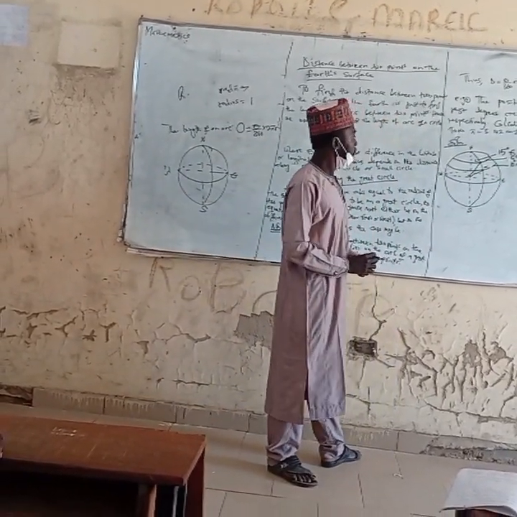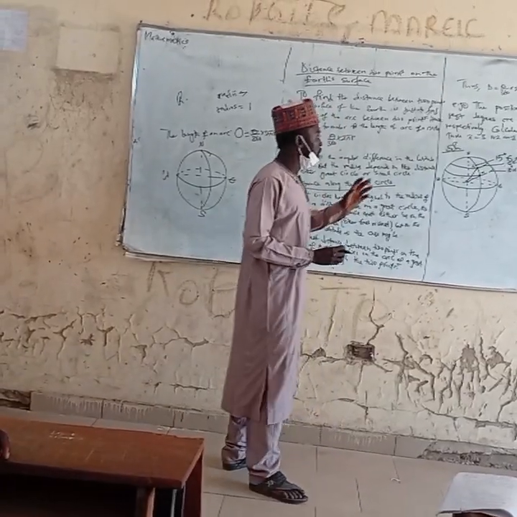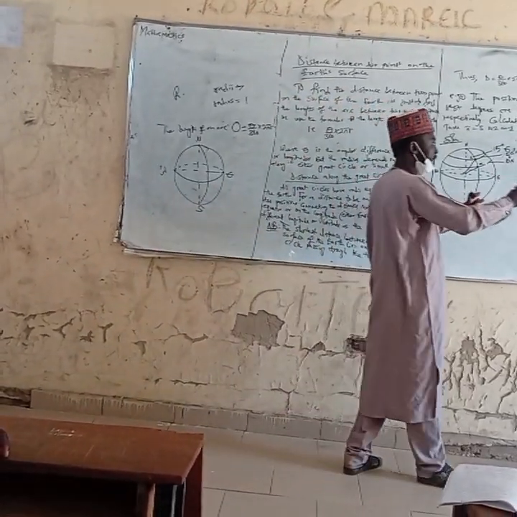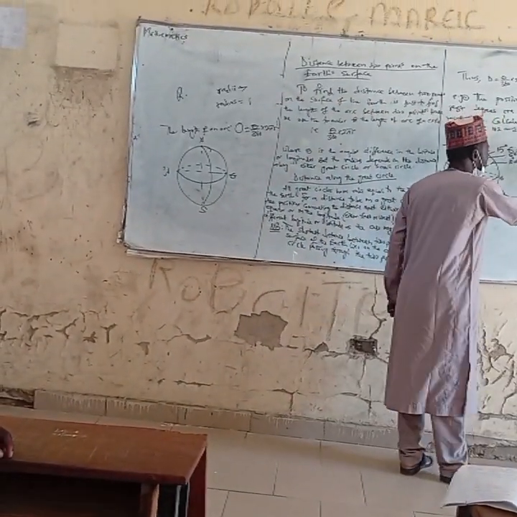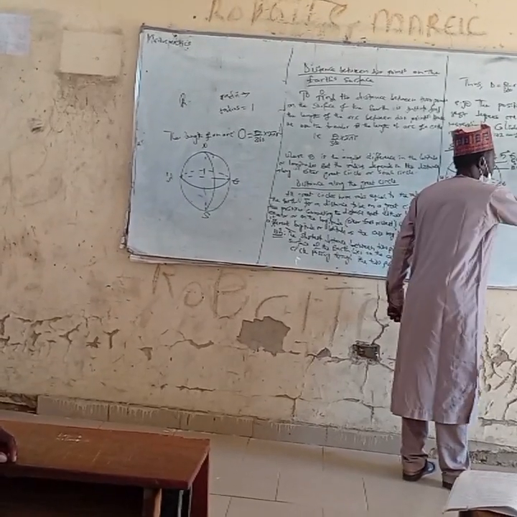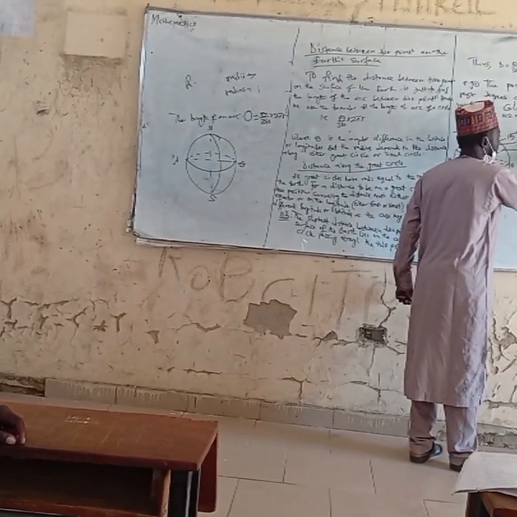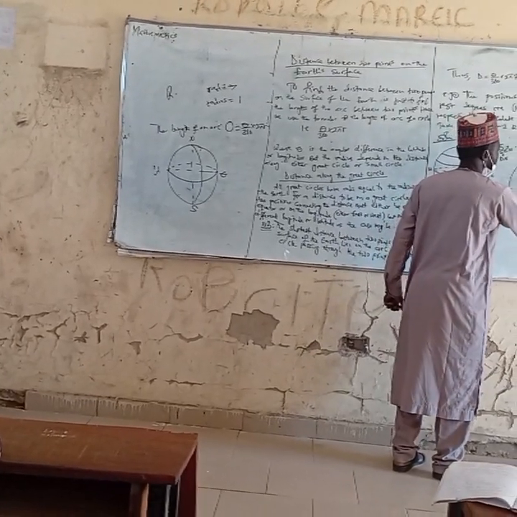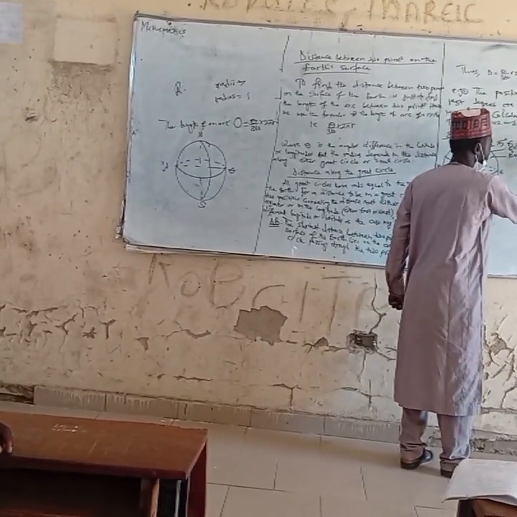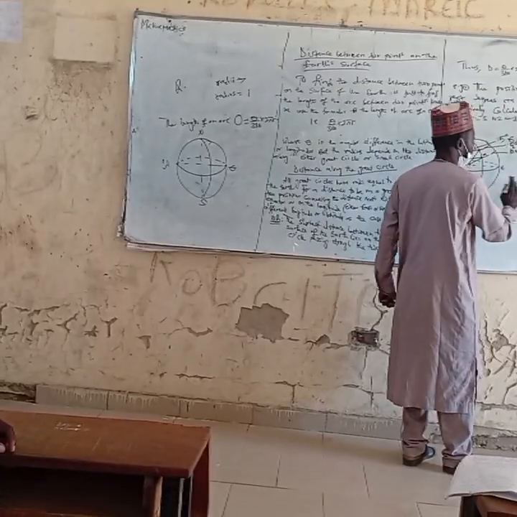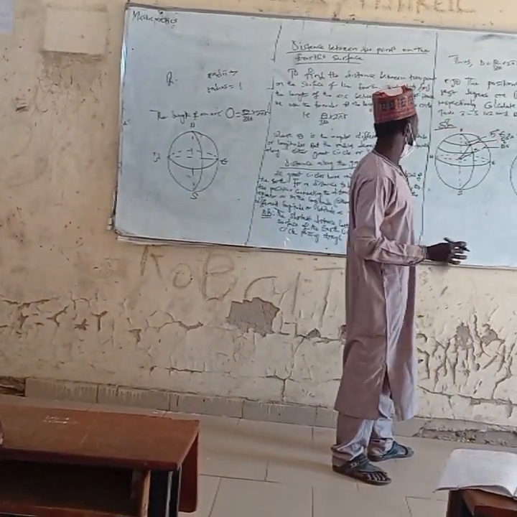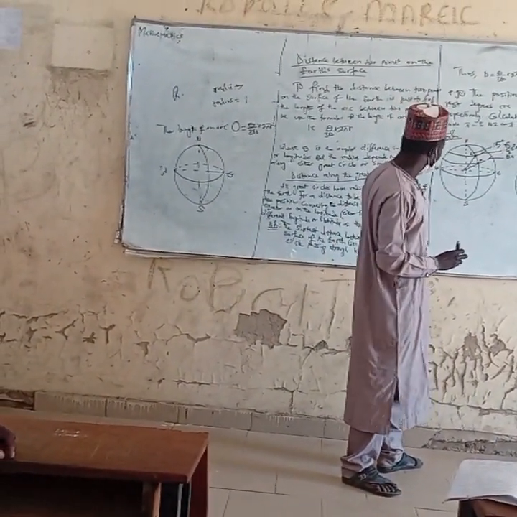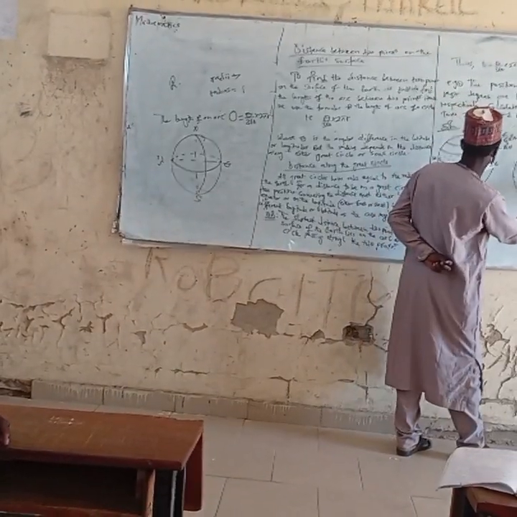If you don't get that, let's make a small sketch here. Here is north, here is south, and let's say east. Let me draw my pole. The most important one is this side.